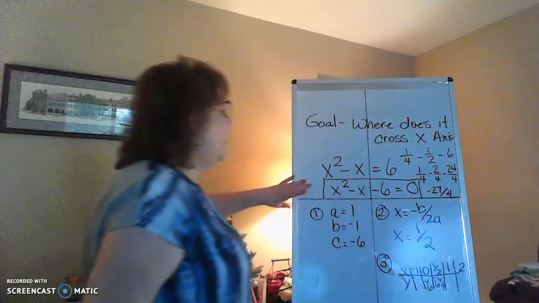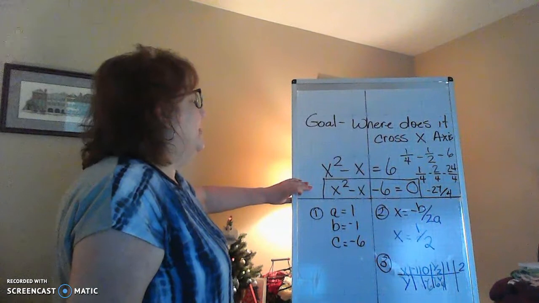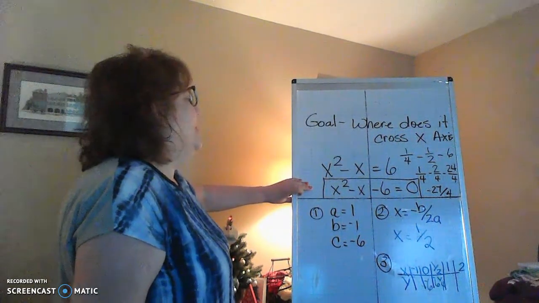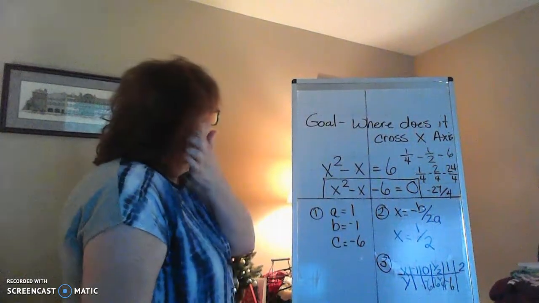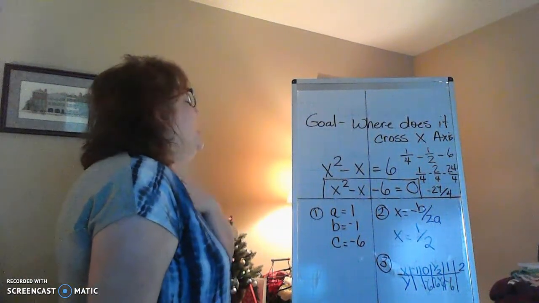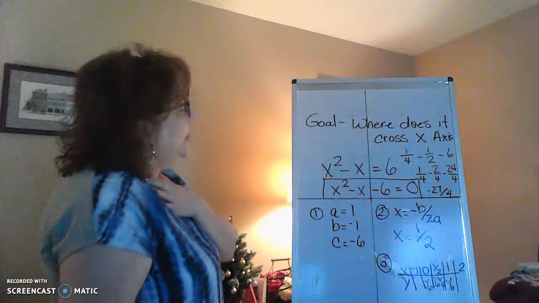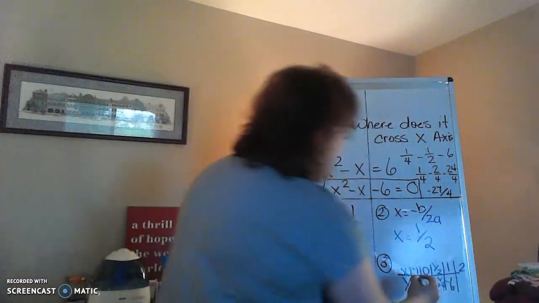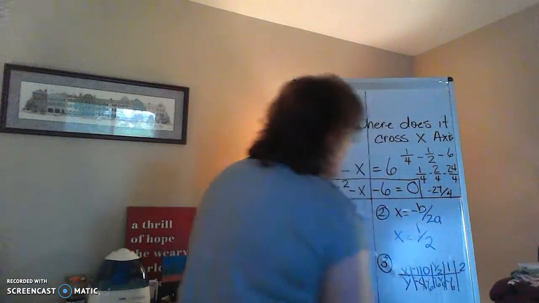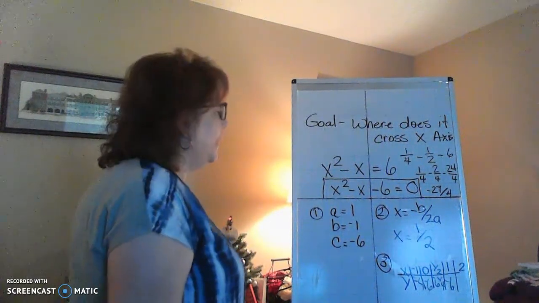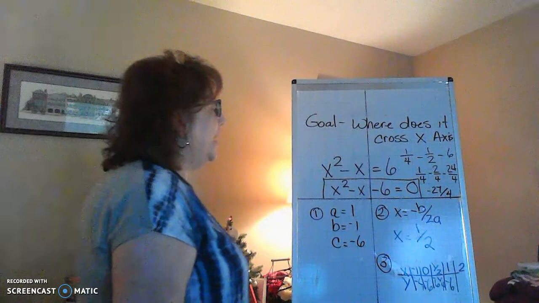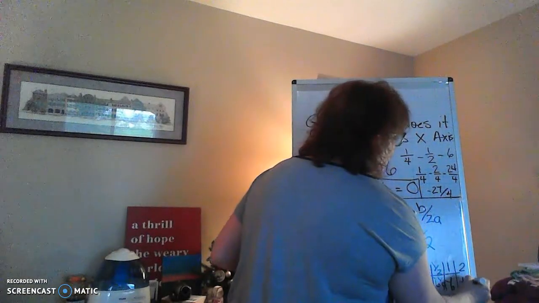Then I'm going to stick 1 in: 1 minus 1 minus 6. There is my mirror image. Now I'm going to stick -1 in. Then I'm going to have 1 plus 1 is 2, and now I'm going to have -4. And then 2 times 2 is 4, minus 2 is 2, minus 6 is -4.